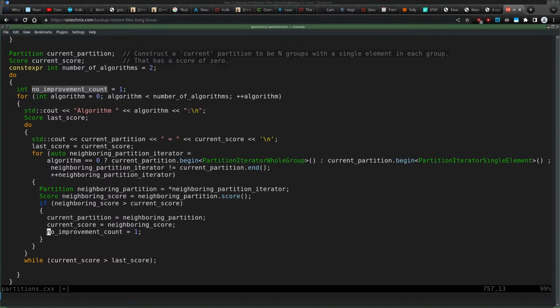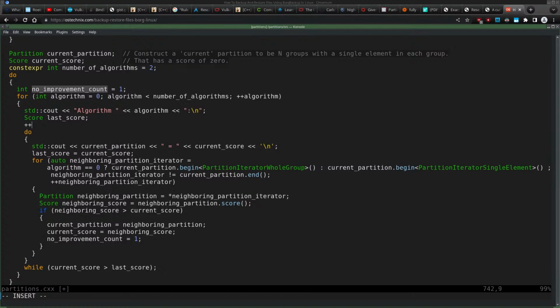So if there were previous algorithms that failed, then directly after this while returns the no improvement count equals 1 for this algorithm and not for any previous algorithms. And then we go to the top.